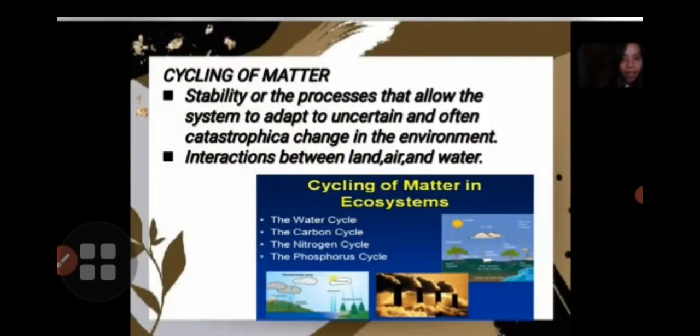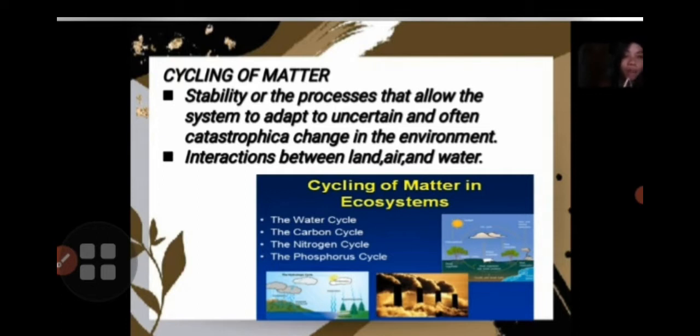Next, we have cycling of matter. Stability or the processes that allow the system to adapt to uncertain and often catastrophic change in the environment. Interactions between land, air, and water. So sa cycling of matter, diri tanan nagmove ang matter from one form to another or from one place to another on the earth and inside its ecosystems.